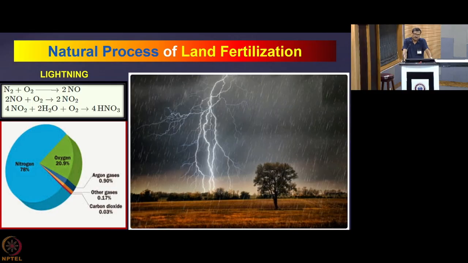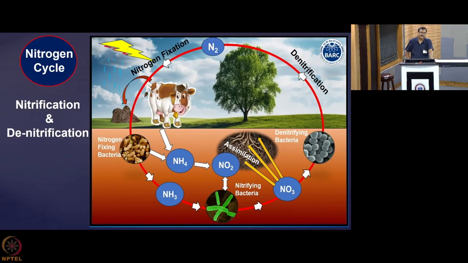And this comes down to the ground, and plants absorb that, and that's how they get the nitrate through a natural mechanism from lightning.